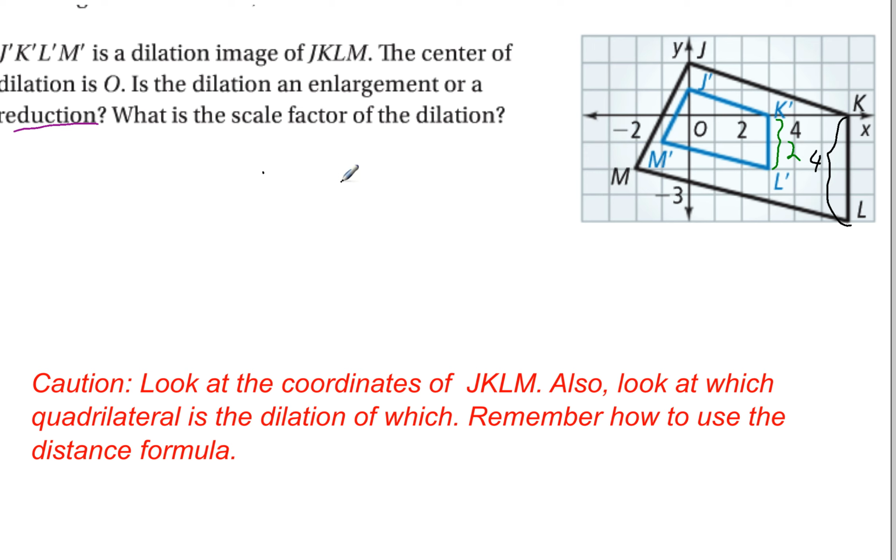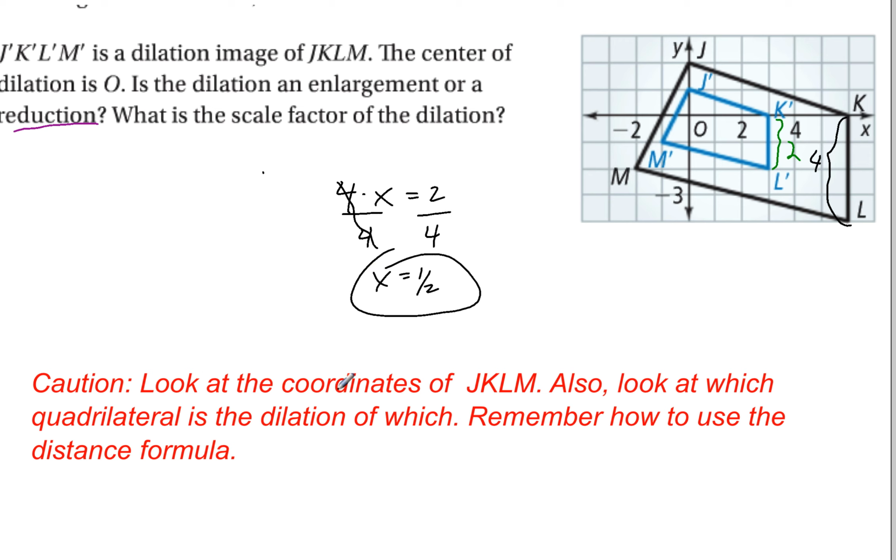So I'm going from 4. 4 times a certain scale factor is equal to 2. You divide both sides by 4. Most of you are thinking, what is he dividing by 2 for? And you're absolutely right. I divide both sides by 4, and you get x is equal to 1/2. So my scale factor is going to be 1/2. It's a reduction, and my scale factor is 1/2.